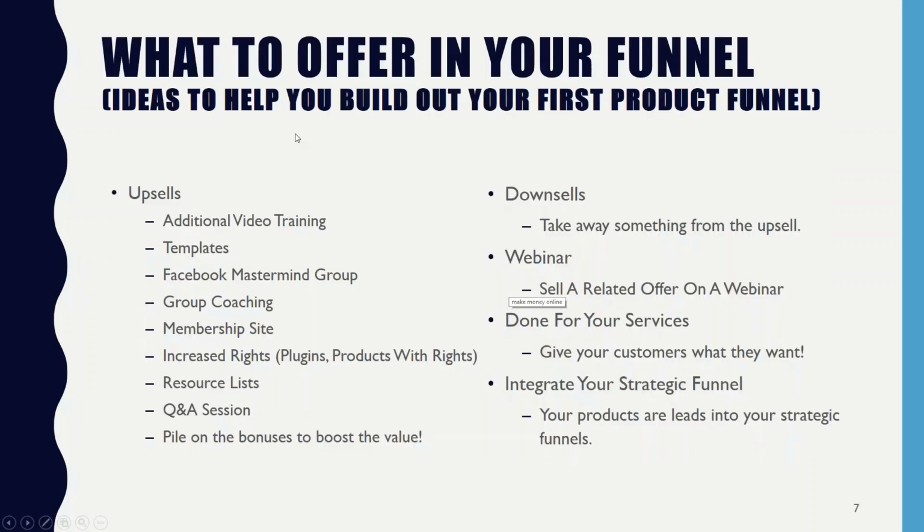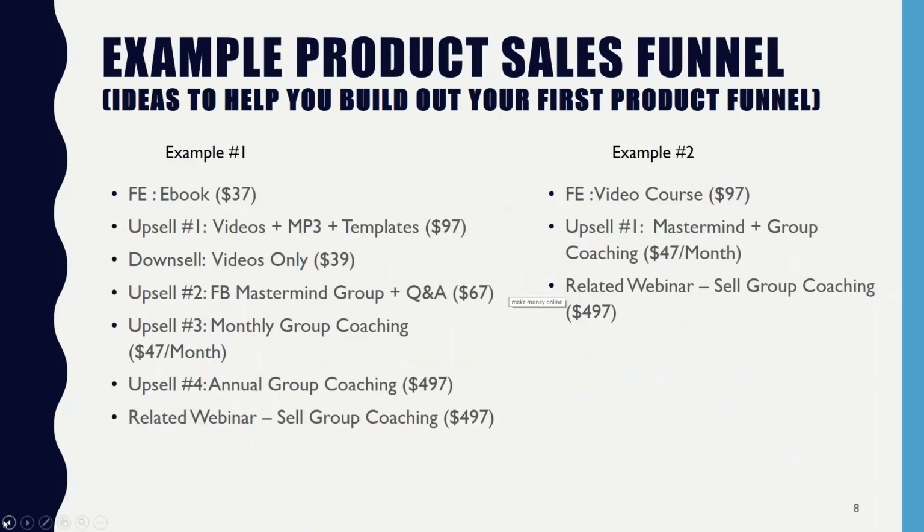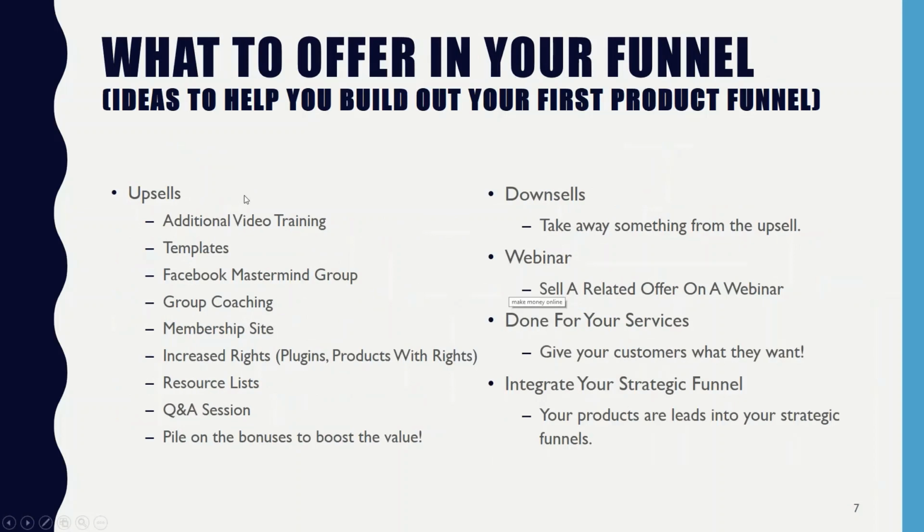So there's things you can offer in your upsells and in your funnel just to add value, but you can think of, even for an upsell to your giveaway, things you want to add. That could be additional video training, templates, a Facebook mastermind group that you give them access to. It could be group coaching, a membership site, increased rights like plugins, products with rights.